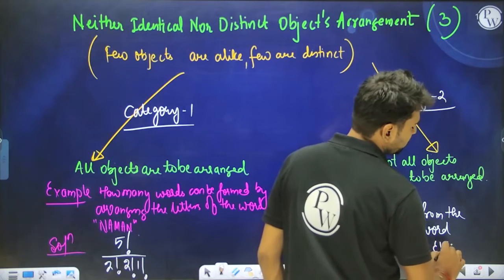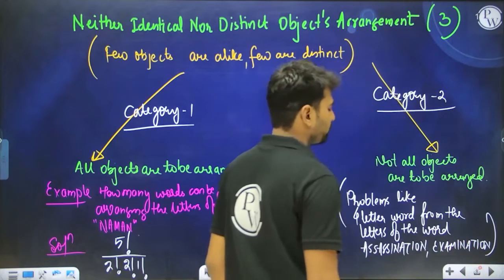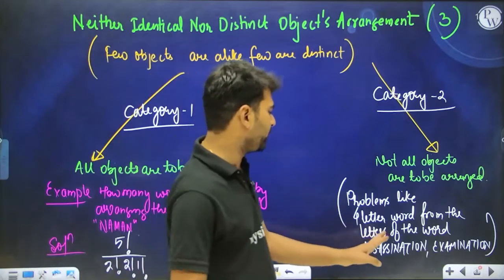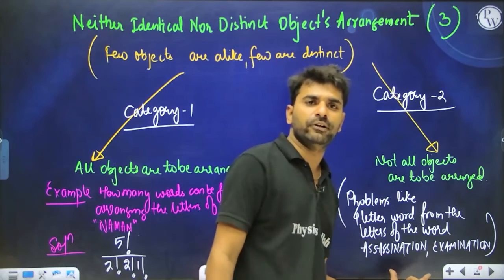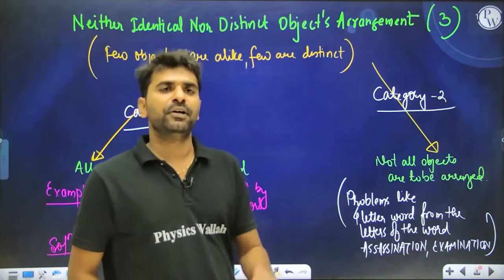You might have seen these kind of problems, remember? Yes sir. Okay. So over here look, 4-letter word is only we need to form, and out of the letters given over here, not all are identical, neither all of them are distinct.